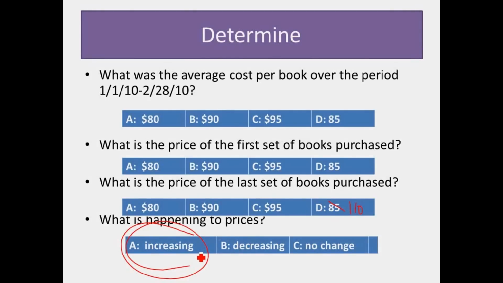ExxonMobil is one of the companies complaining about the inability to use LIFO, because even though there is a lot of fluctuation, over a long period of time prices could change a lot. Okay, so anything where there's a technological change or shift.